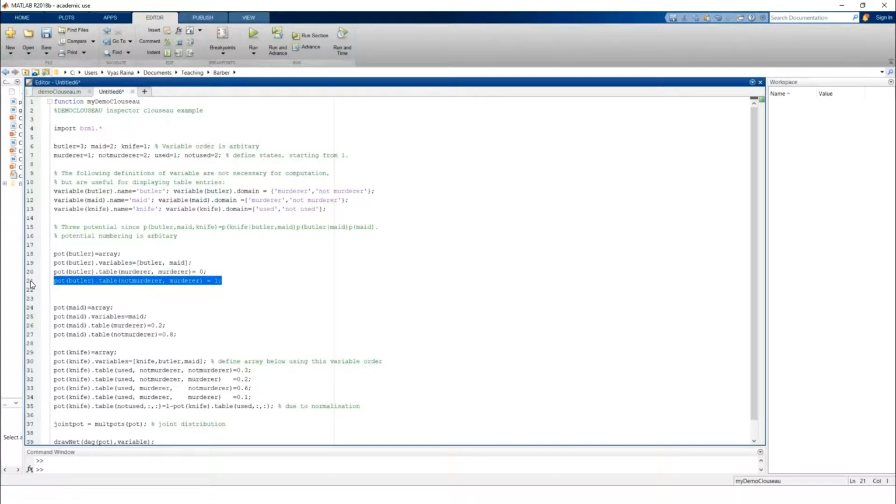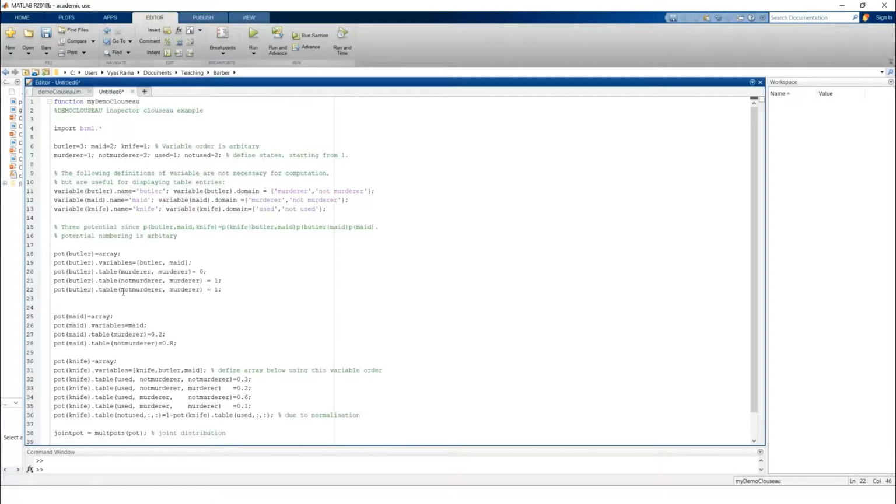the other two cases. I'm just going to copy this so I don't keep typing the same things again and again. We're now going to consider the case the butler is the murderer and the maid is not murderer. I.e., we want to know the value of the probability that the butler is a murderer given the maid is not murderer.